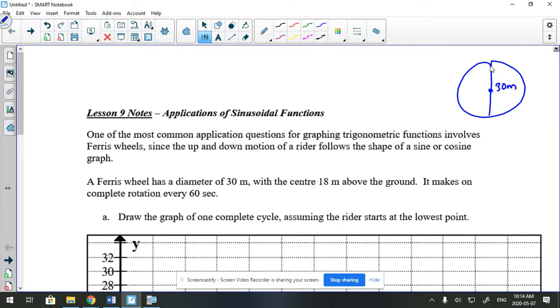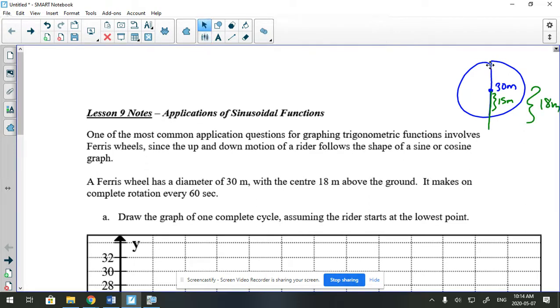And then it says the center is 18 meters above the ground. So here's my center. So I know this portion here is 15 meters, right? It's half, your radius. And it's telling me that the center is 18 meters above the ground. It means that the center of your Ferris wheel is in total 18 meters above the ground.